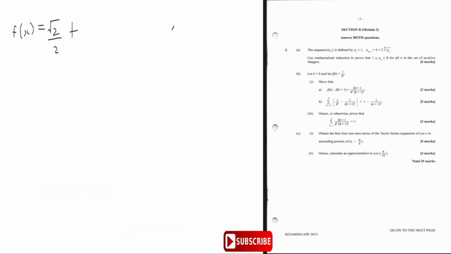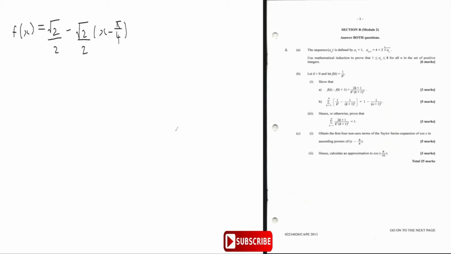So instead of putting plus, I'm going to put a minus here. So this is now minus root 2 over 2 times x minus a, and a in this case is pi by 4, so it's x minus pi by 4.